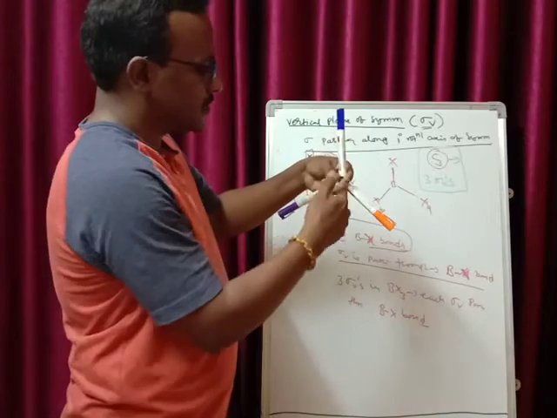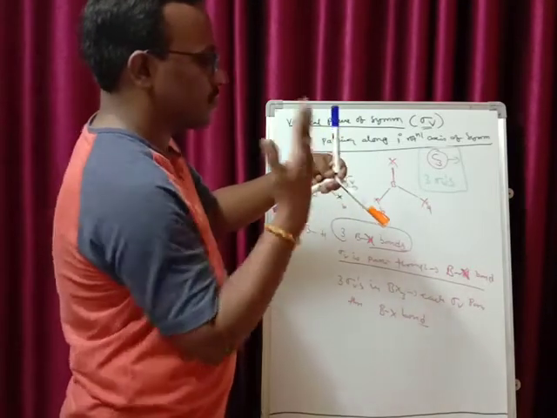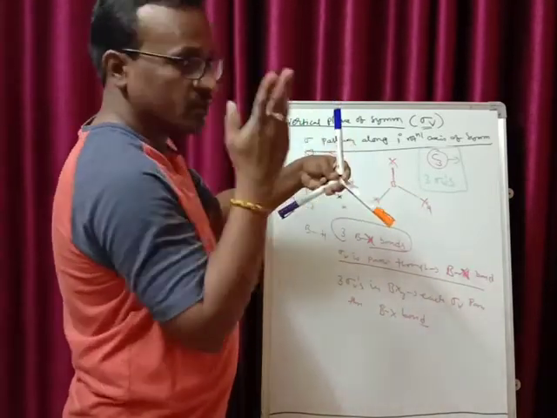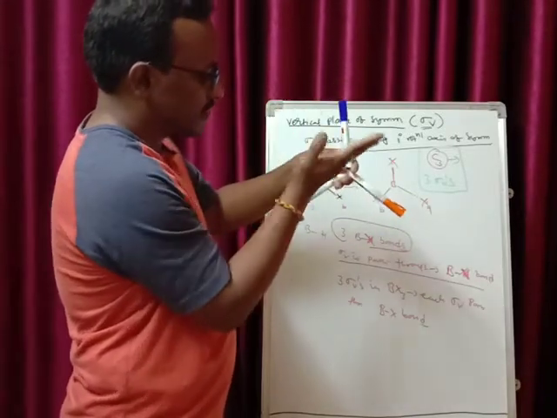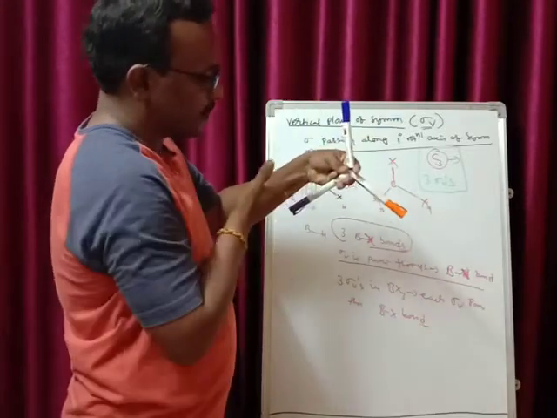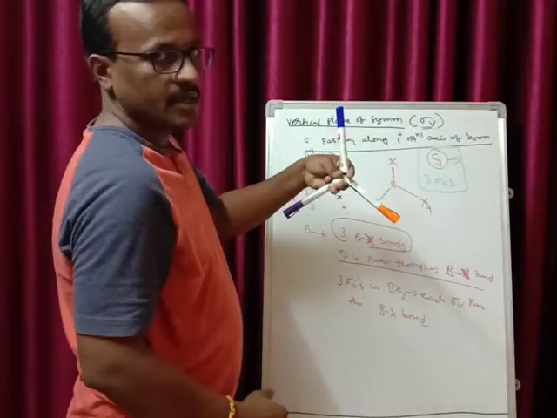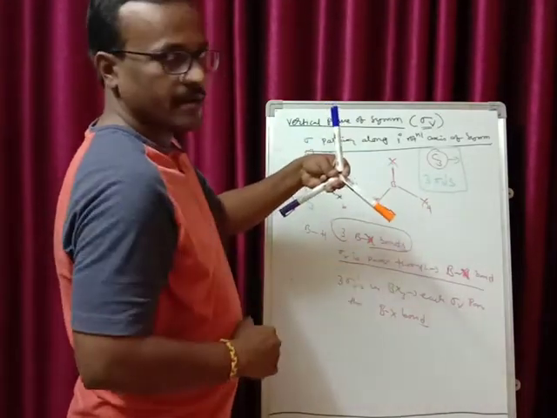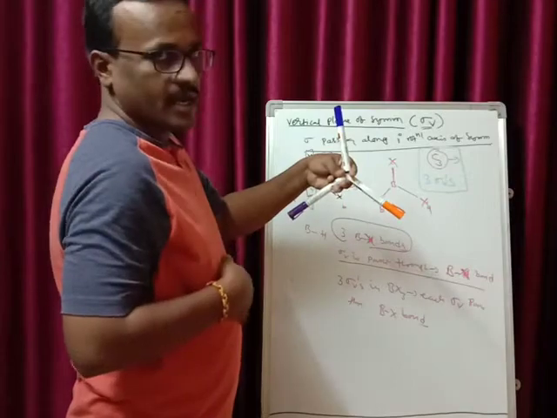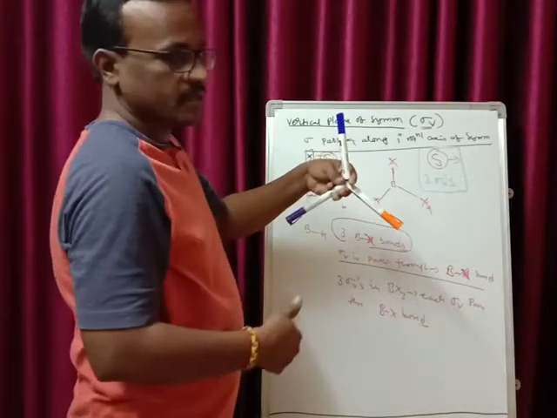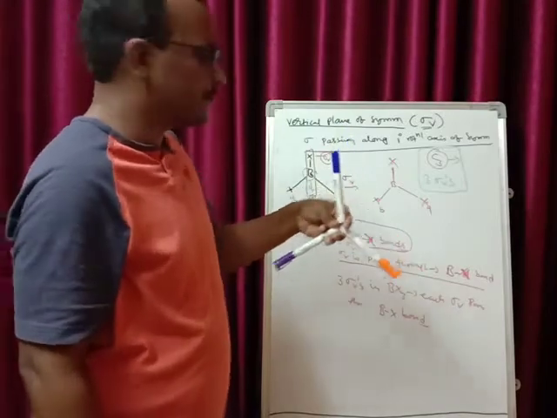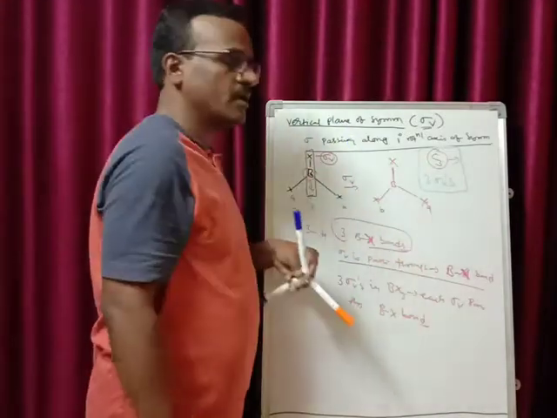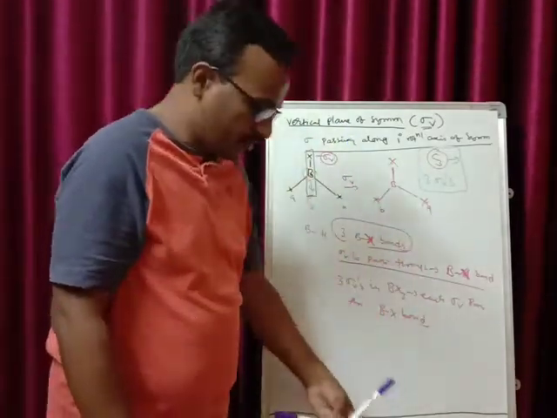Now each sigma V is passing through a BX bond, so you have 3 BX bonds like this. One plane is like this, the second plane like this, the third plane like this. They are along the principal rotational axis of symmetry. Therefore, in the BX3 molecule, you have 3 sigma V's.